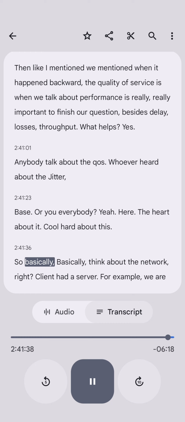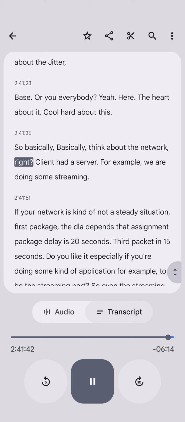So basically, think about the network, right? Client and the server. Think about it. For example, we are doing some streaming. When I have streaming, we have multiple packets. If your network is not in a steady situation, first packet, the delay is 10 seconds. Second packet, the delay is 20 seconds. Third packet, it is 50 seconds.